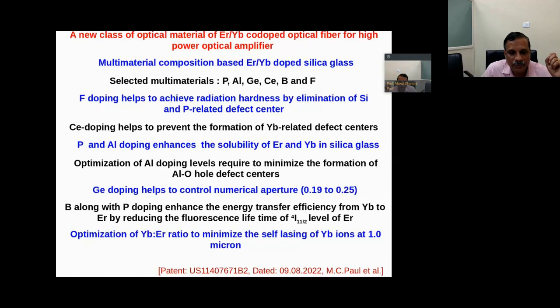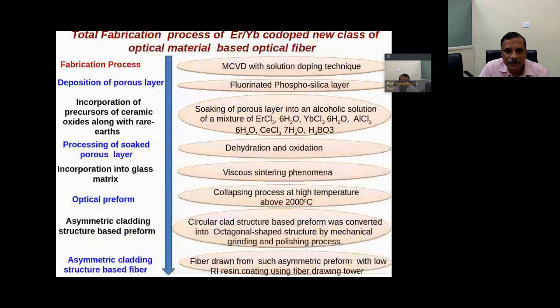Another important parameter is the ytterbium-erbium ratio. This ratio is very vital to prevent the assembling of ytterbium ions, which cause lasing in the 1 micron region. And this is the basic scheme for making this kind of fiber. This is the MCVD solution doping technique.